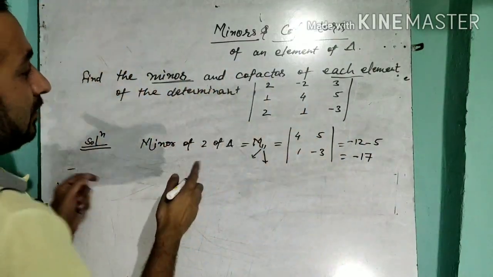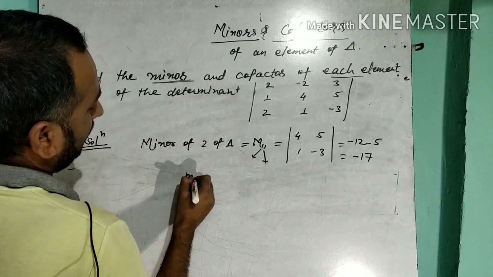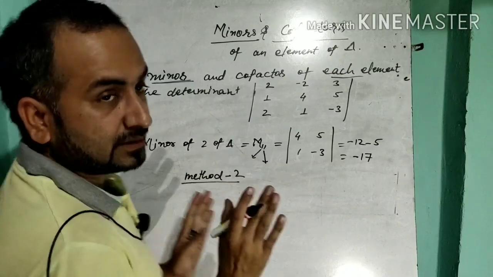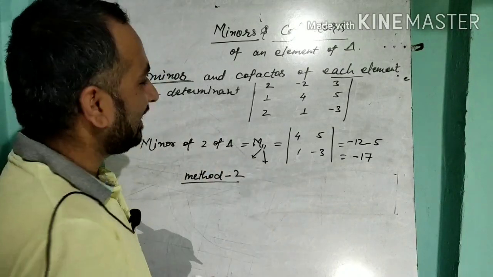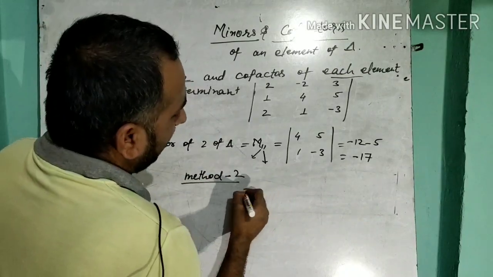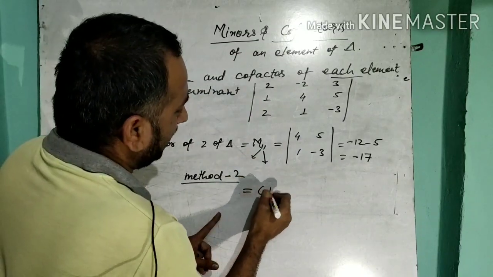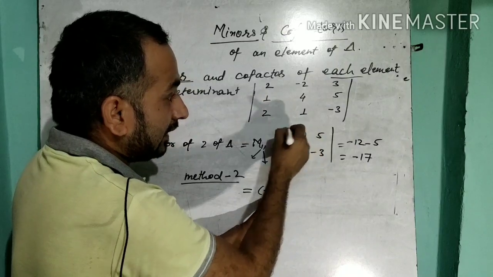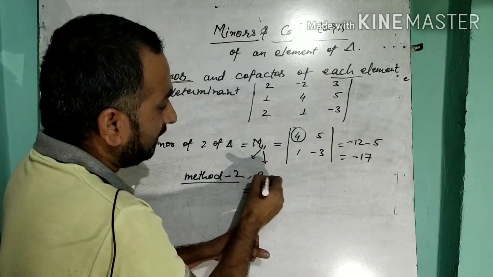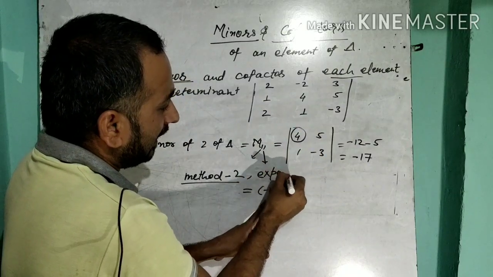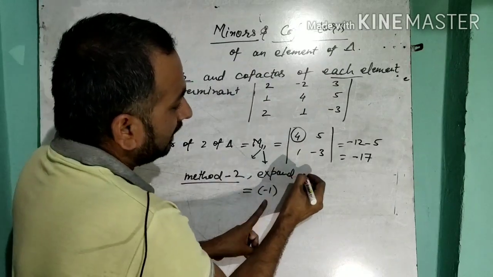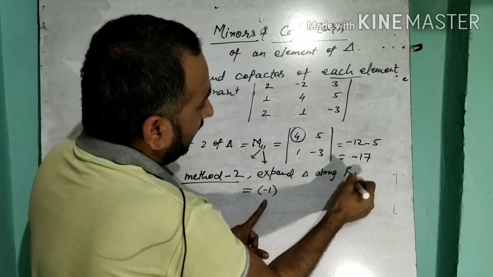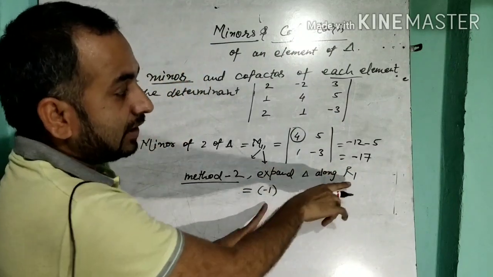But another method is, see the next method, method 2. Listen, it's conceptual actually. So see here, every time you will write -1 to the power. I am expanding this determinant along row 1.